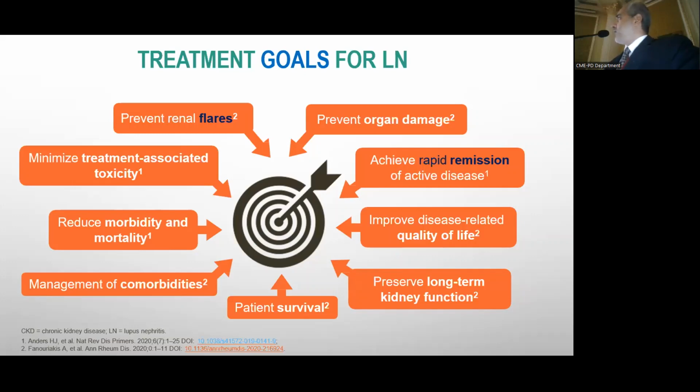This will be reflected in improved kidney disease-related quality of life, prevention of organ damage, improved patient survival, and less morbidity and mortality. It also minimizes treatment-associated toxicity, because these patients will be less exposed to immunosuppressive medication in the future if renal flare is prevented by active management.